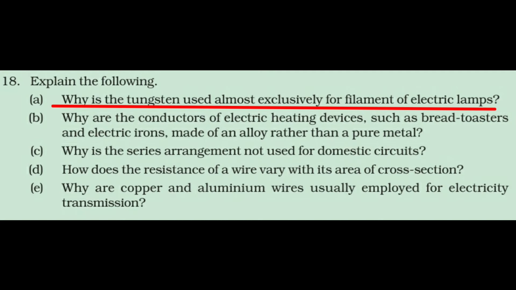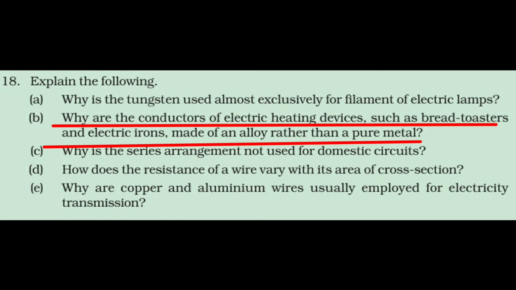Question 18. Explain the following. A part. Why is tungsten used almost exclusively for filament of incandescent lamps? Tungsten is an alloy. As such, it has a high resistivity and very high melting point. Therefore, it is used exclusively in filament of electric lamps.